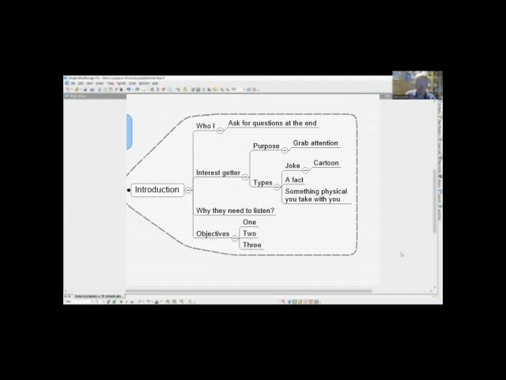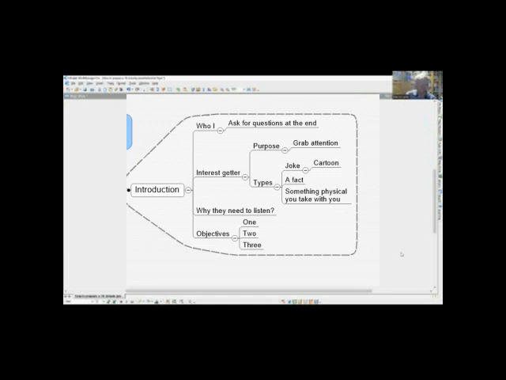Or it could be something physical that you take with you. Now, what do I mean by that? So I attended a talk once which was about Buzz Lightyear. And the speaker had a Buzz Lightyear with him, which he held up. And that grabbed everyone's attention. So it can be a joke, a fact, or something physical.